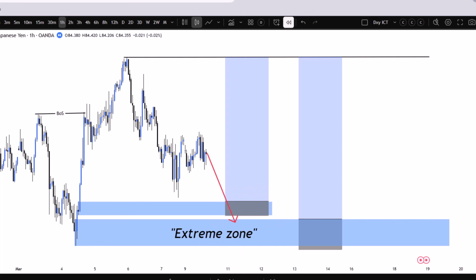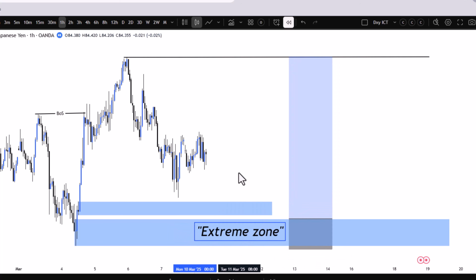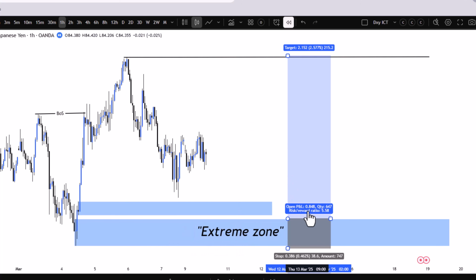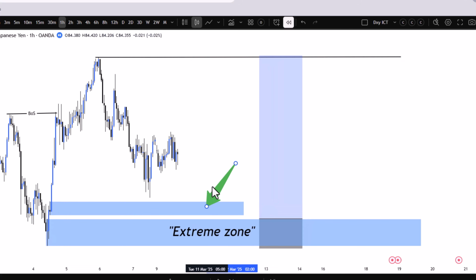So when it comes to buy limits, the safest way to do this is to just place your order at the extreme zone, which in this instance is going to be that 5.58 risk reward or 5.58% potential return trade.